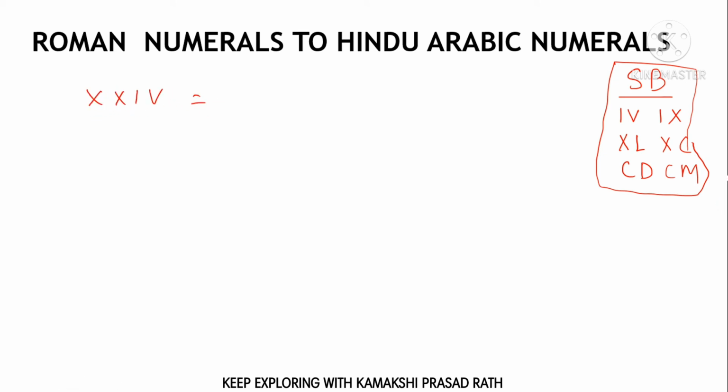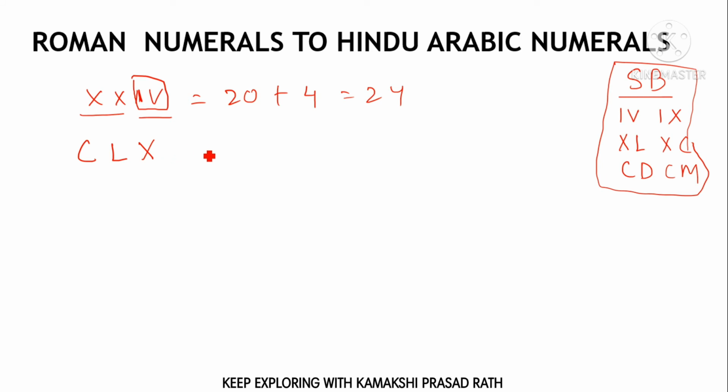First we have to identify any small-big group. We can see here IV is a small-big group, so we will separate them. XX is 20 and IV is 4, so we get 24.